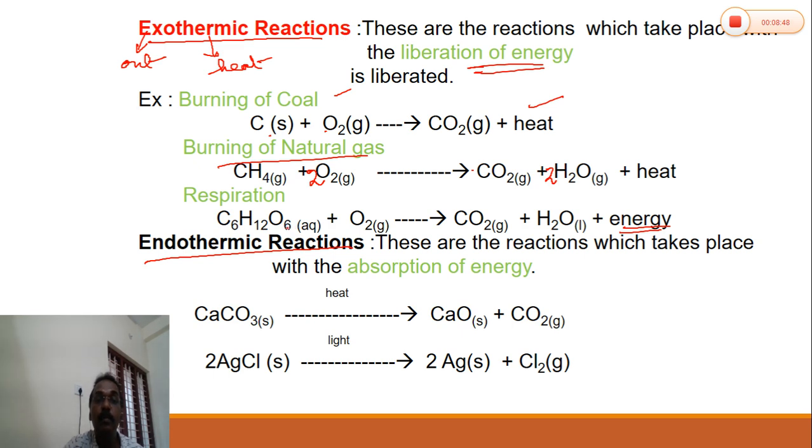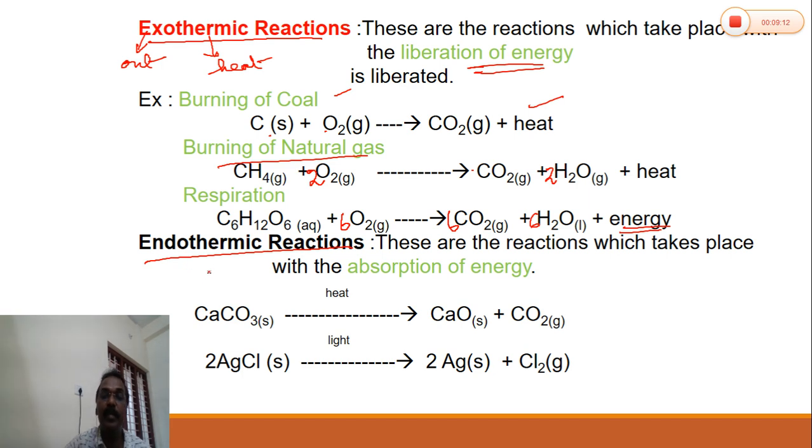Glucose combines with oxygen forming carbon dioxide and water and releases energy. Now balance the equation: C6H12O6 plus 6 O2 gives 6 CO2 plus 6 H2O. So these are exothermic reactions.